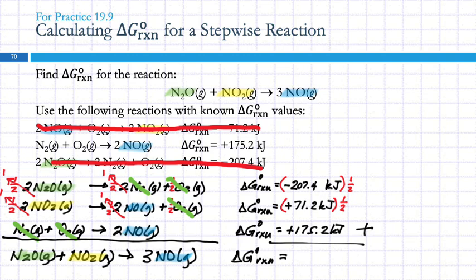It doesn't belong in there. Negative 207.4, and then I'm going to add 0.5 times 71.2, and then I'm going to add 175.2. And I get 107.1 kilojoules.